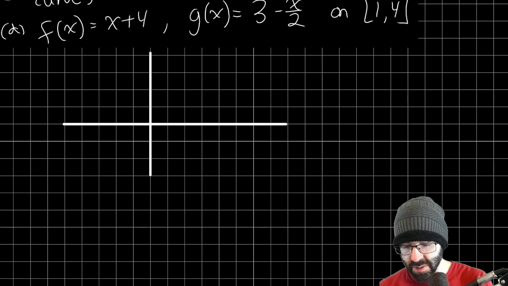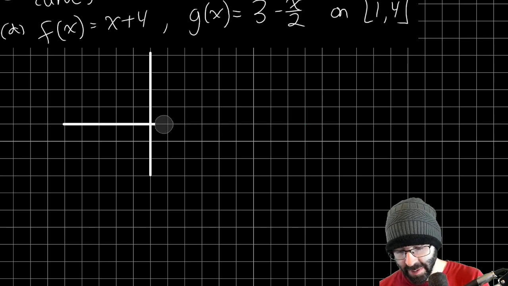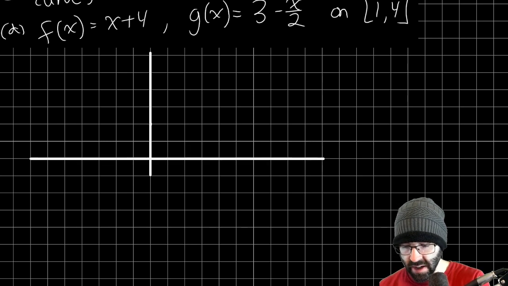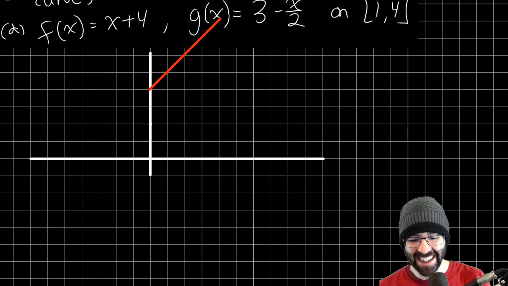The first line is x plus 4. I should have looked at that before I drew this picture. The first one is x plus 4, so we're going to need to be a little higher than this. So y-intercept of 4, and then slope of 1.